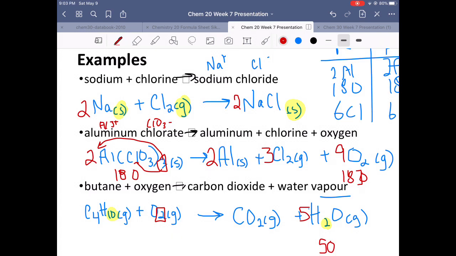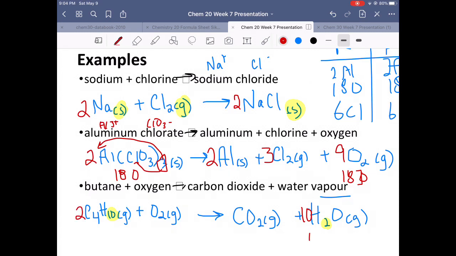So that's an issue. Remember what I said before. If you have an even number on either the reactant or product side, the only way the multiplying of coefficients is going to work is if you have an even number on the opposite side too. 5 is not even, 5 is not going to cut it. That means we're going to have to go back and play with these a little bit. The 5 doesn't work. So instead, what would work is the next multiple, which would be 10, which means I need a 2 here.